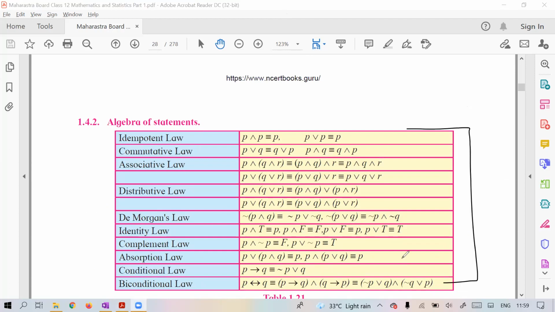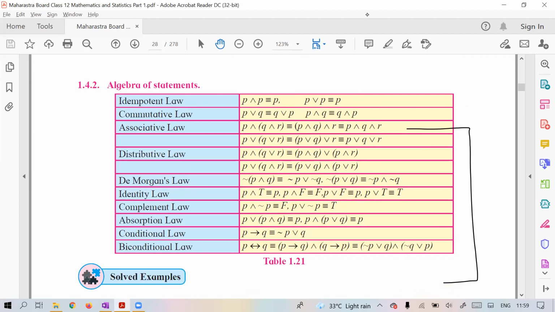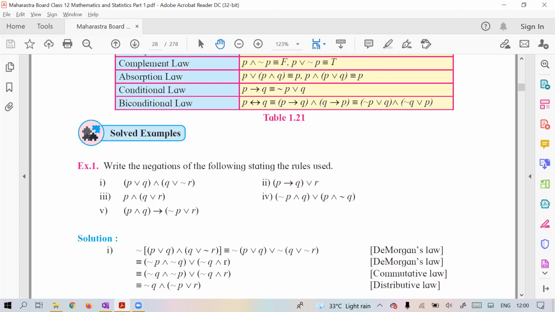Just like you can see, I used this: P and true is going to be P. So you use these rules or formulas to prove that. Let me see what more you have.